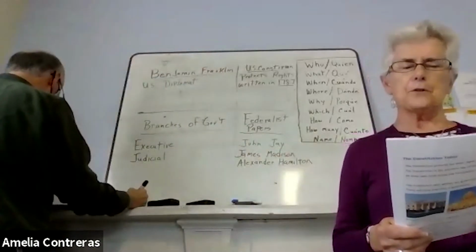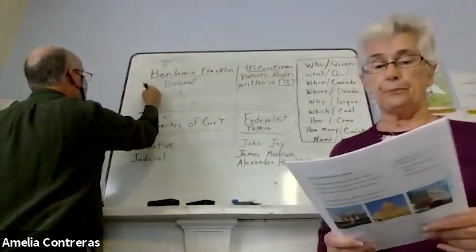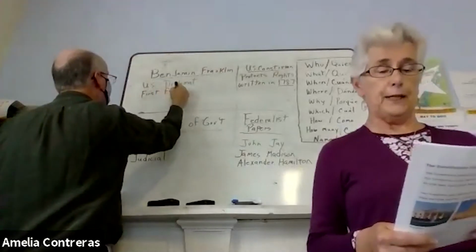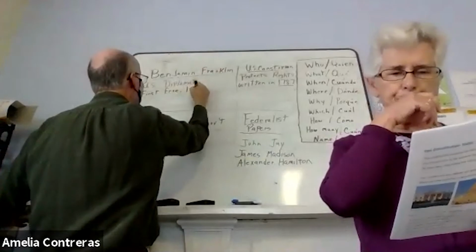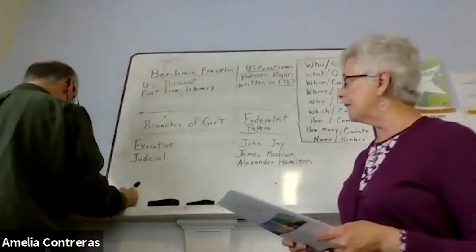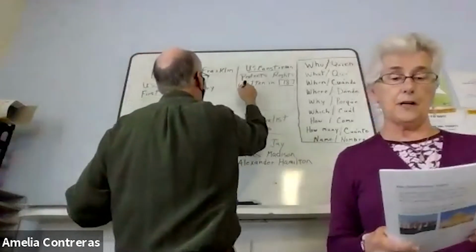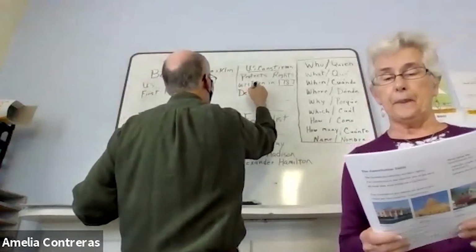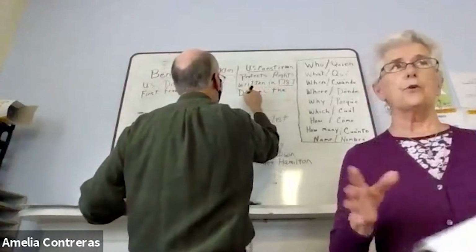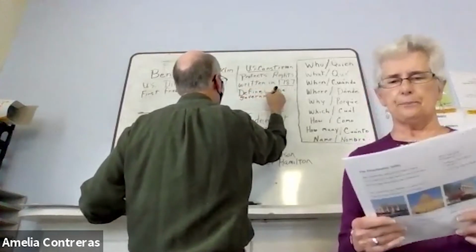And then we have the first free library. That was started by Benjamin Franklin. The first free library. And that was in Philadelphia, where he lived. Defines the government. And that would be what the Constitution does. It defines the government. So the Constitution is telling us all the ways the government is set up and what the government does.